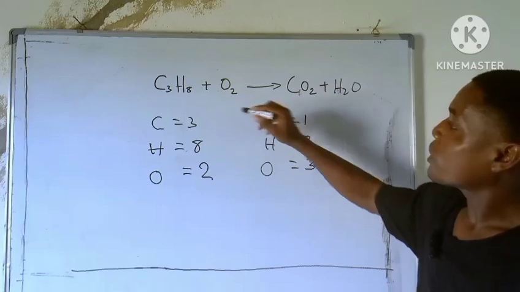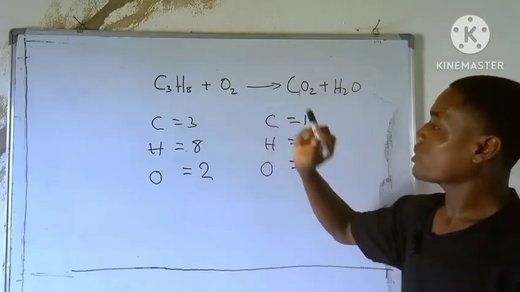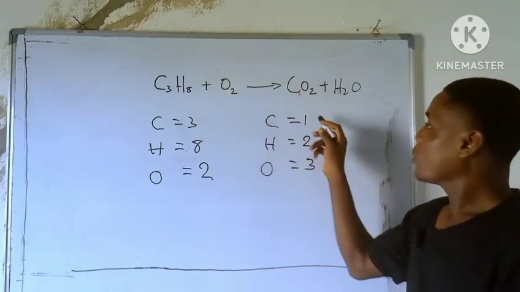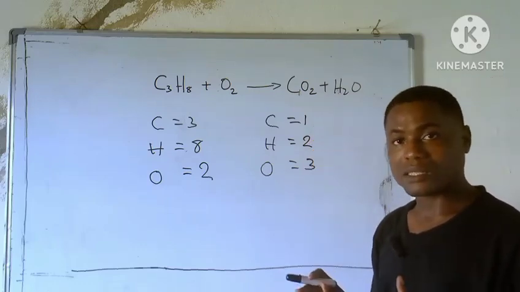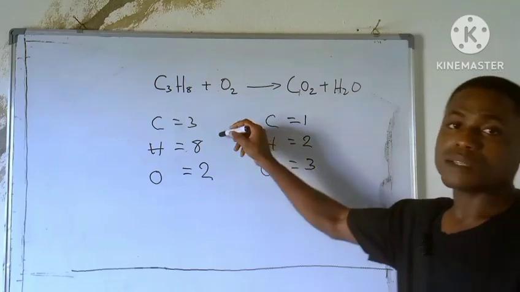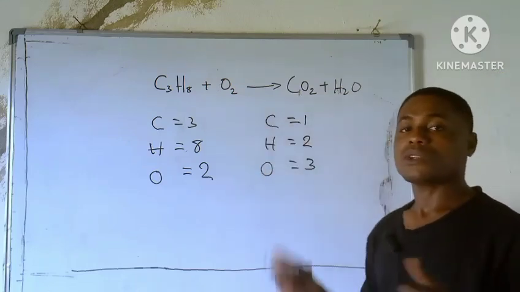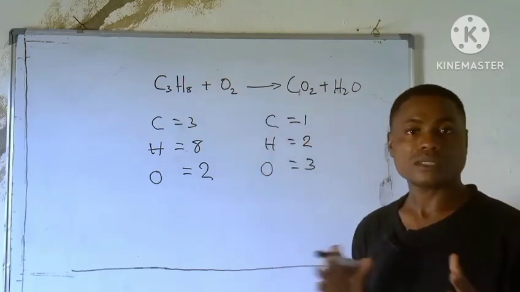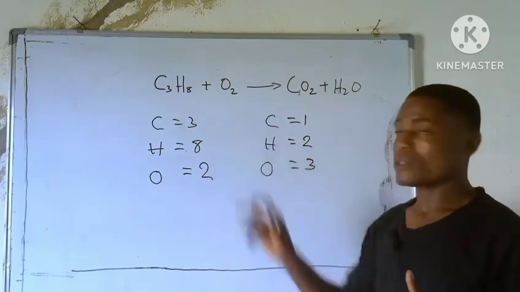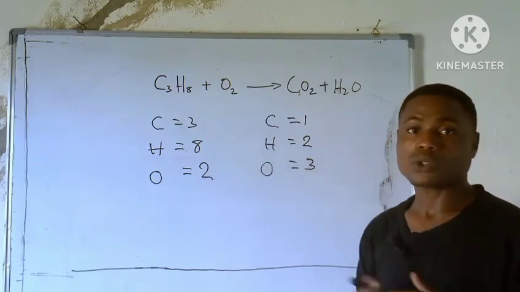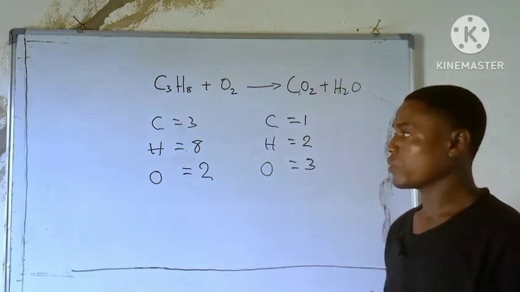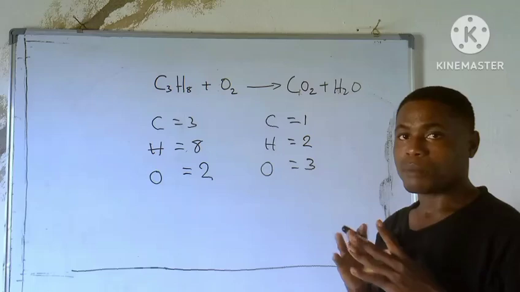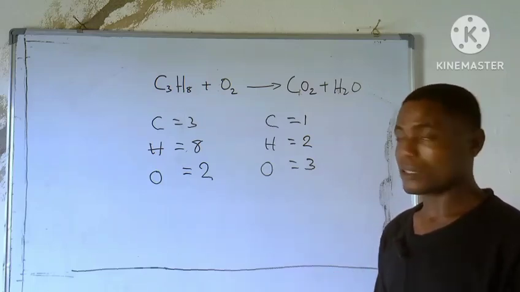So in carbon, if you have 3 atoms here at your left side, your right side too must be what? 3. If hydrogen has 8 atoms at your left side, your right side too must be what? 8 atoms. If it's 100 atoms, your right side too must be what? 100. They must be the same before that chemical equation is regarded as a balanced equation. Are you getting it now?